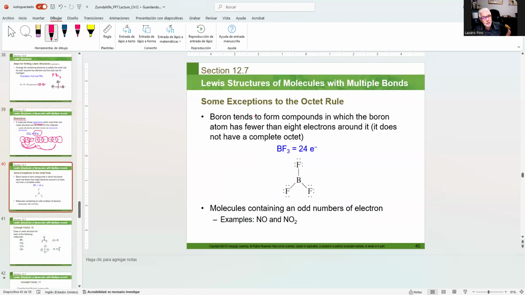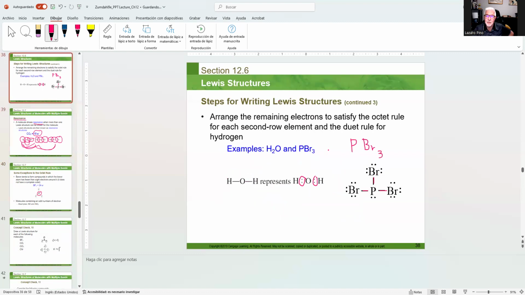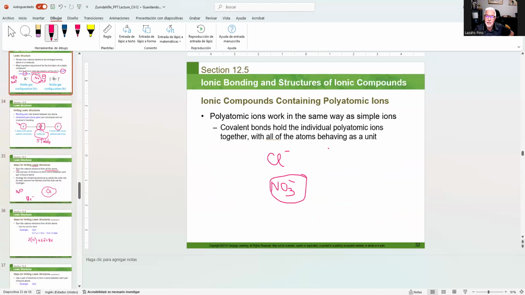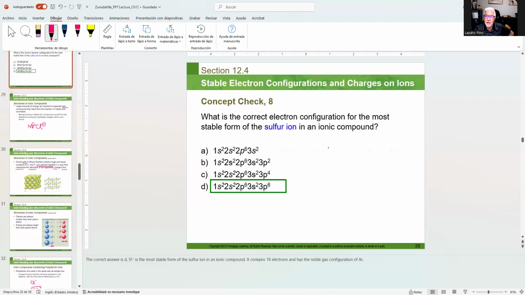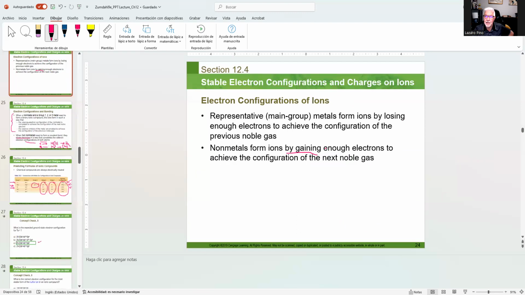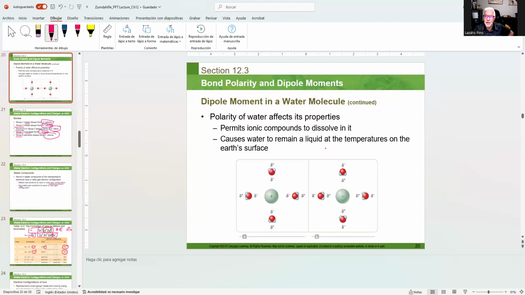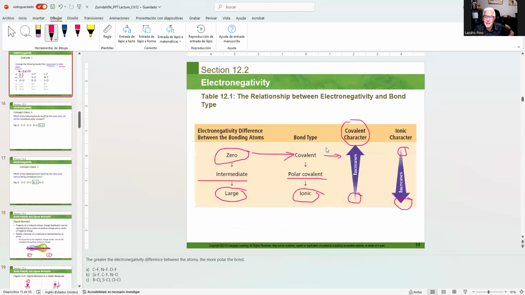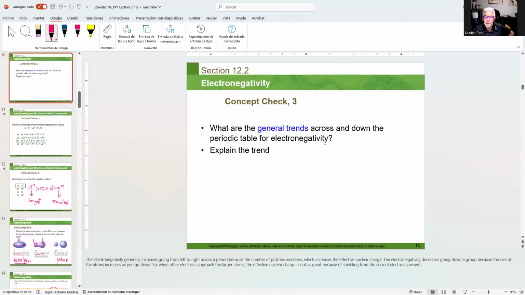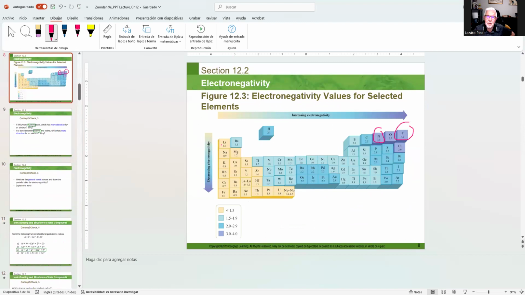There are some exceptions. For example, boron does not get the octet rule, because it's not possible for boron since it is, as you can see, in the second period.